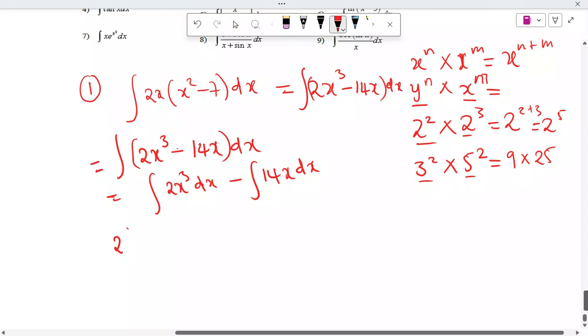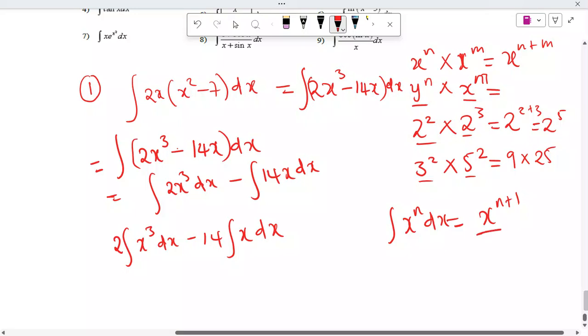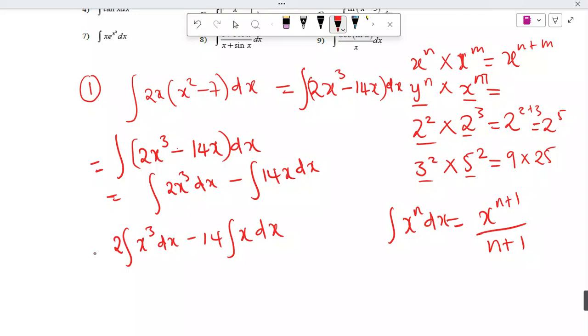So you can say 2 integrating x to the power 3 dx minus 14 integrating x dx. So we know if we are integrating x to the power n dx, we add the power, so we say x to the power n plus 1 over n plus 1. So you just add 1 to the power, then divide by the same addition.